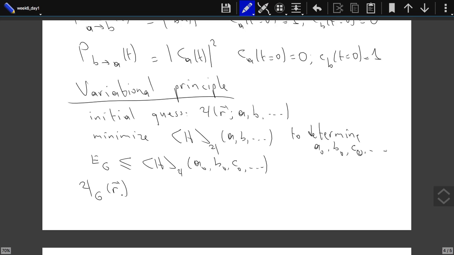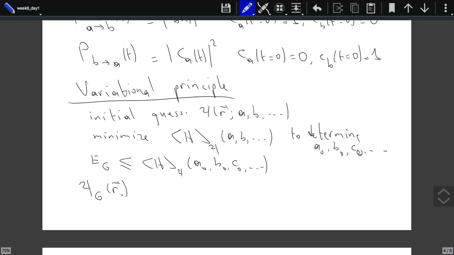Well, the nice thing is that, of course, by increasing the number of parameters, you can change the shape of your function arbitrarily, and you can get quite close to the ground state wave function by using a trial wave function that has many parameters. But of course, it would be nicer if you can find a suitable trial wave function by using some physical arguments and fewer parameters, some symmetry, some other physical arguments.